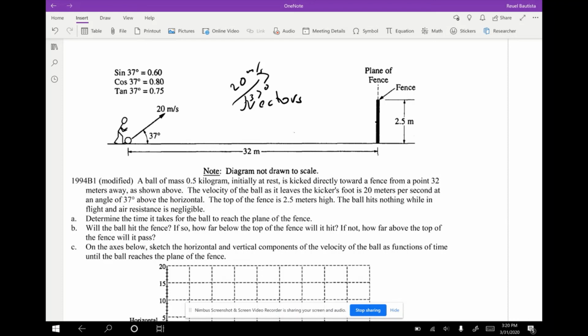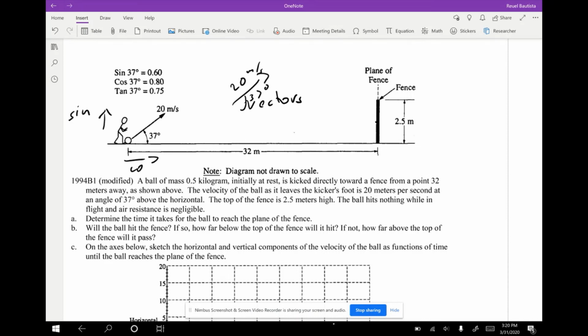This 20 meters per second is our actual velocity. The reason why we split it into components is that we're going to split this problem up into two different problems. We're going to look at the vertical part, and we're going to look at the horizontal part. So let's split this up right here.